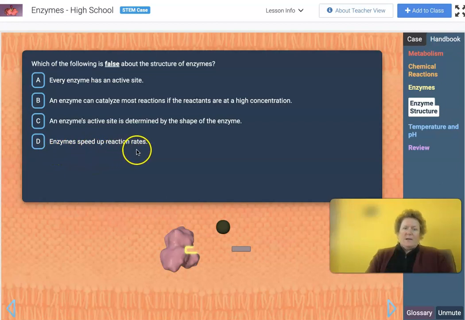Enzymes speed up reaction rates. An enzyme's active site is determined by the shape of the substrate. It has to fit the substrate that it's working on. So this one seems the most false. We haven't heard anything about concentration rates, so let's pick this one.